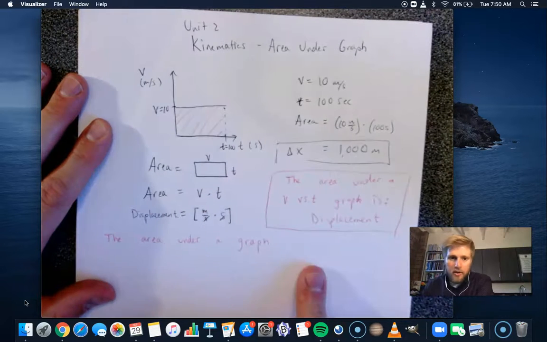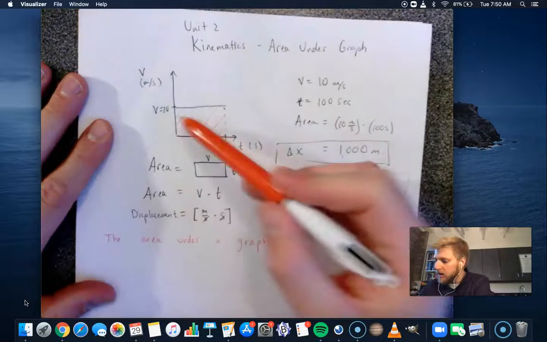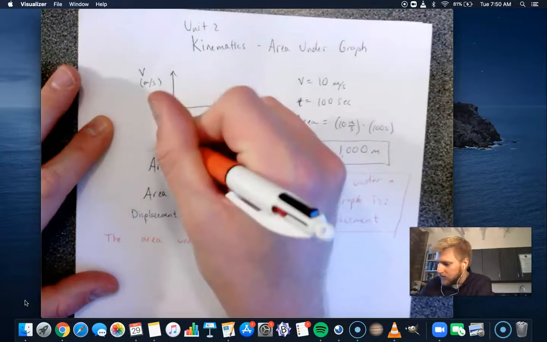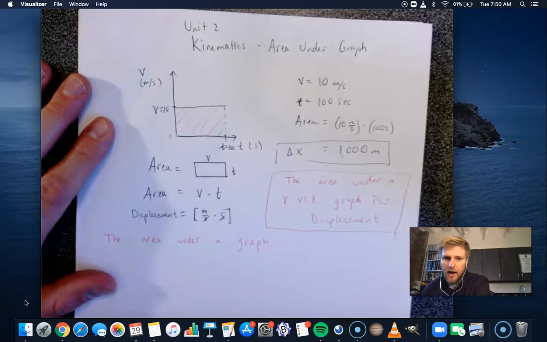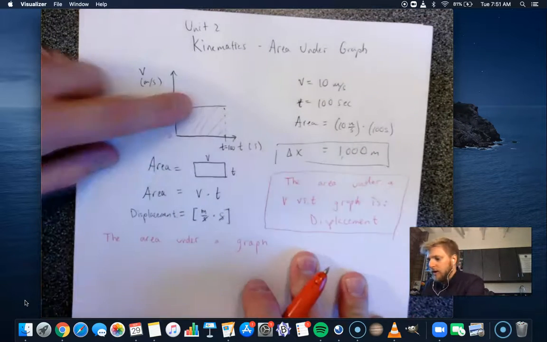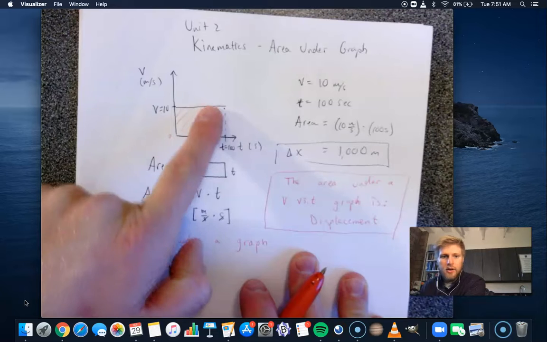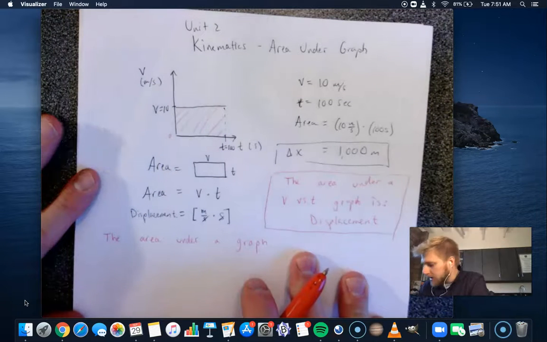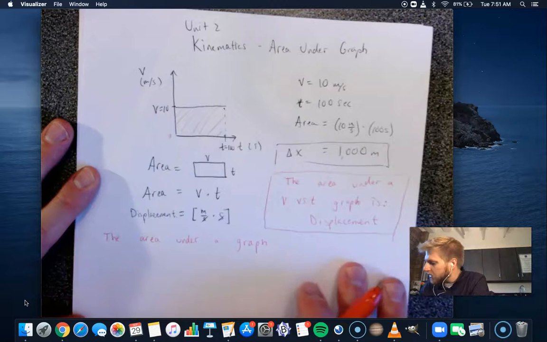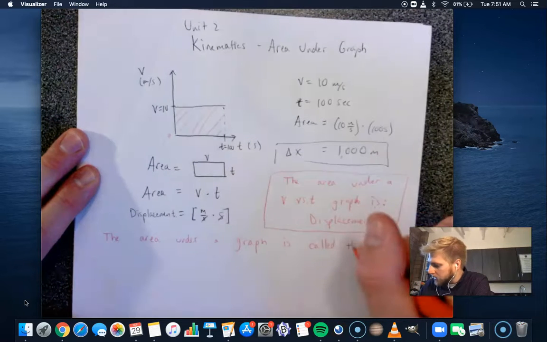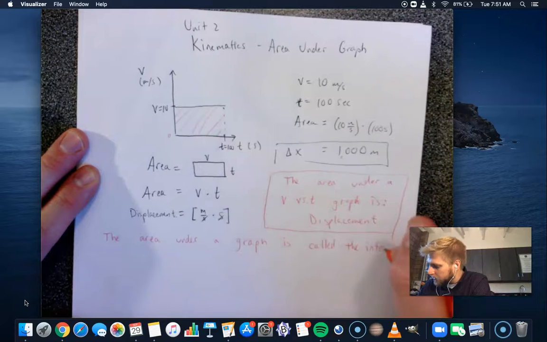By the way, let me pause there. When I say area under a graph, I mean between the line that represents the velocity and the x-axis. So this is 0 in both the time and velocity. So when I say area under the graph, I mean the area between the graph itself and the 0 on the x-axis. But anyway, the area under a graph is called the integral.